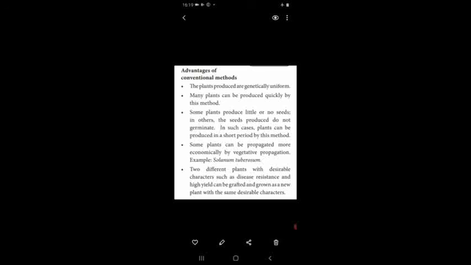Not only that, many plants are also produced very quickly, in a shorter period. Another advantage is that some plants are unable to produce seeds, or they produce very few seeds. Not only that, these seeds are unable to germinate.